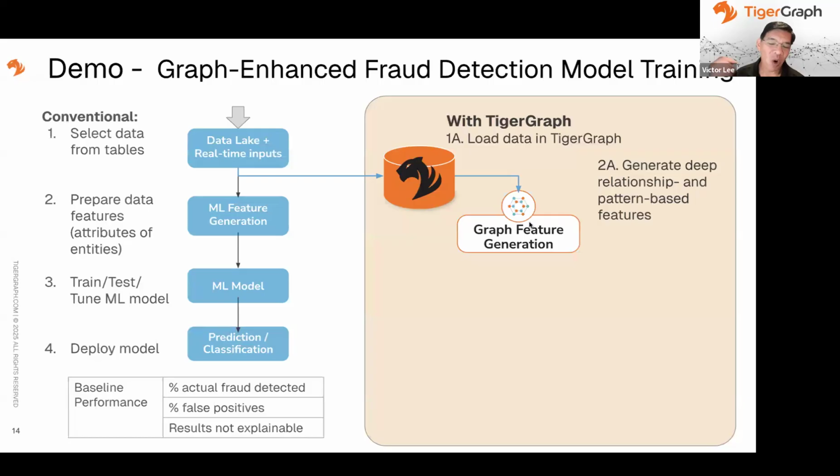When you look, this is revealing the patterns. This is showing you how that new unknown party or transaction is actually only a few hops away from numerous fraudsters.